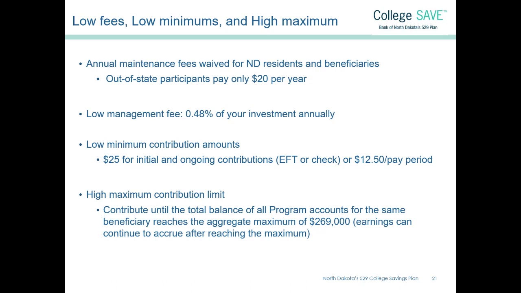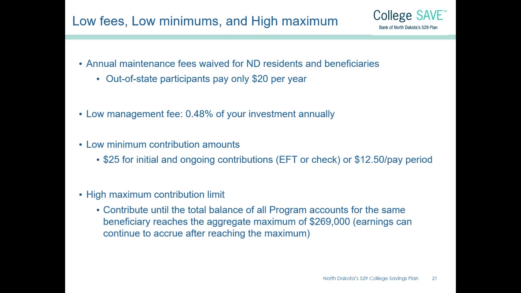So it does not work as a state employee, but a spouse could do a payroll deduction, and a spouse could contribute $12.50 every 2 weeks into the plan, or $25 minimum monthly. And then, of course, automatic or electronic contributions can be for any dollar amount that you'd like to put in. So that can be higher than the $25.